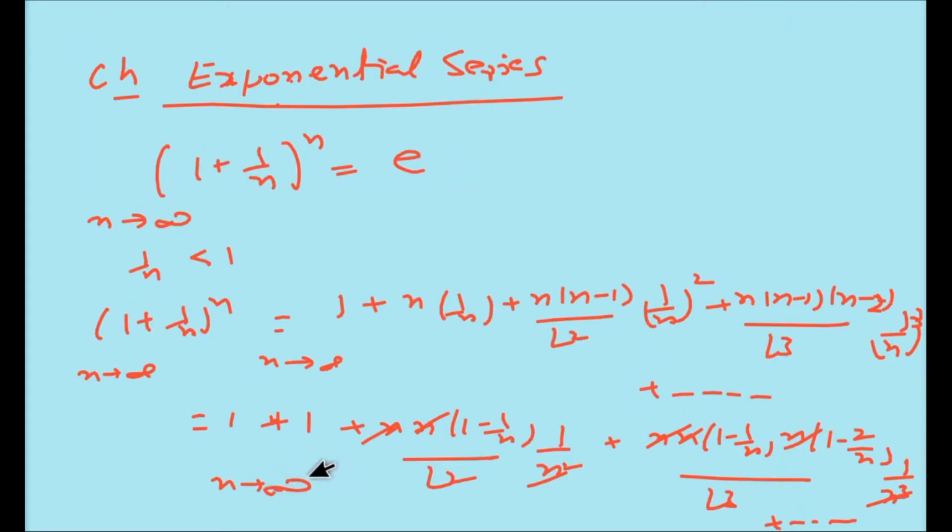So now we put in the value of n as infinity. We find 1/n is 0. So as n tends to infinity, 1/n equals 0. Right? 1/infinity we can say is equal to 0. So now we put this value here.